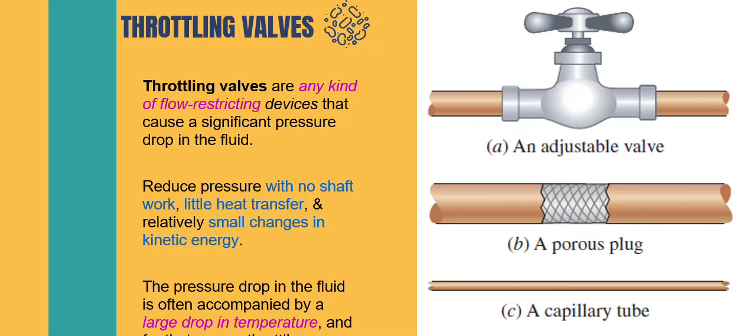Next, the fifth device, the valve. So what is a throttling valve? It is any kind of flow restricting device. You want to restrict the flow by adjusting the valve, right?